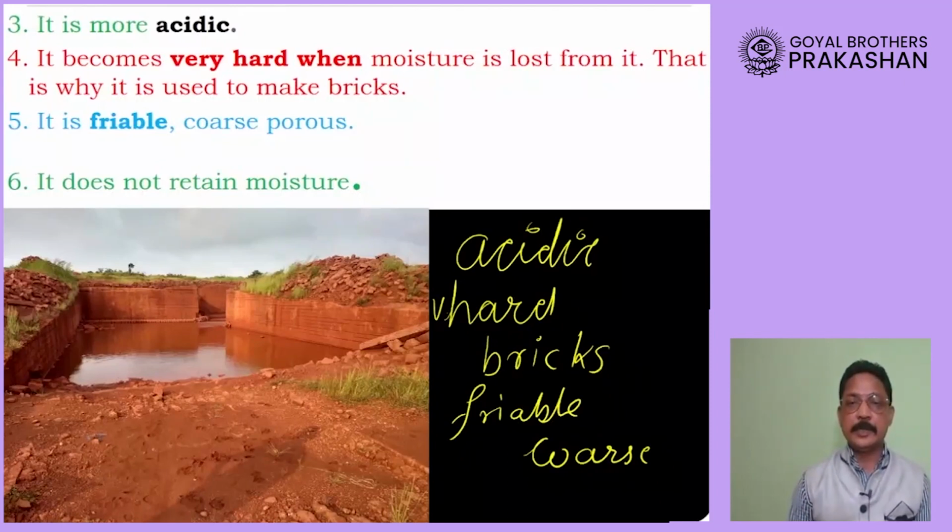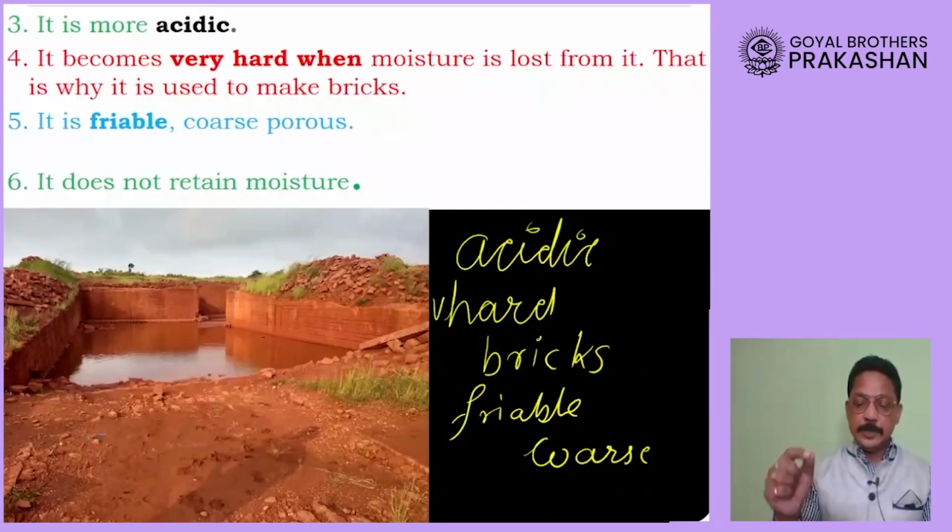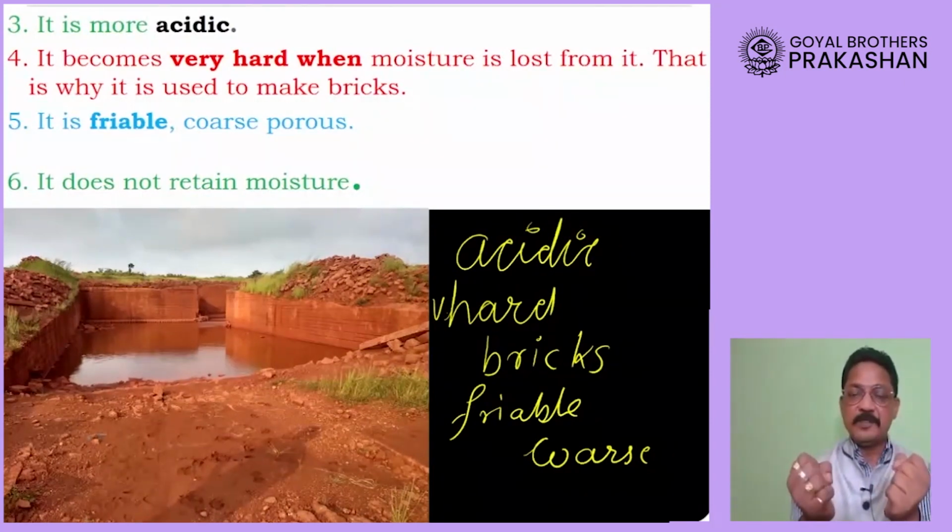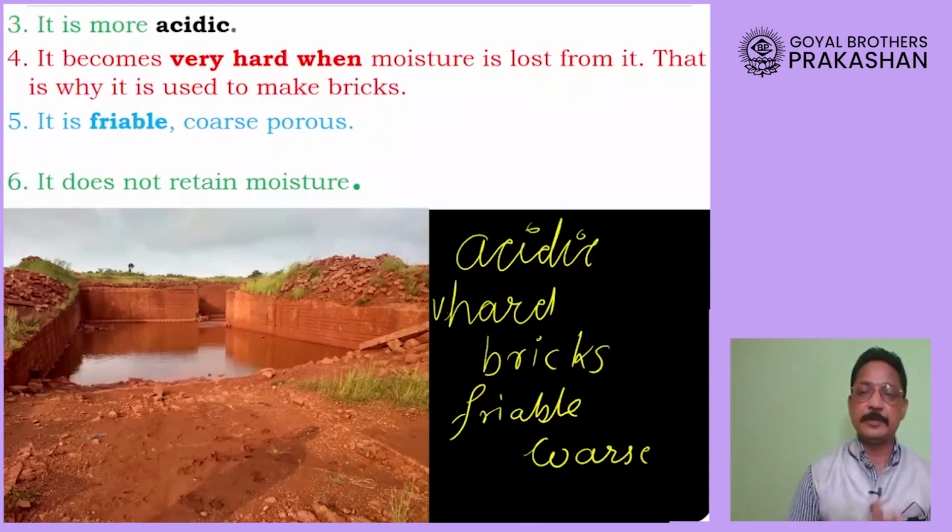Now the question that might come to you is how are we going to distinguish between red and laterite soil, because the color is the same and the chemical characteristics are also almost the same? Please remember, laterite soil is coarse, meaning it is more rough to the touch, whereas red soil is not so rough.